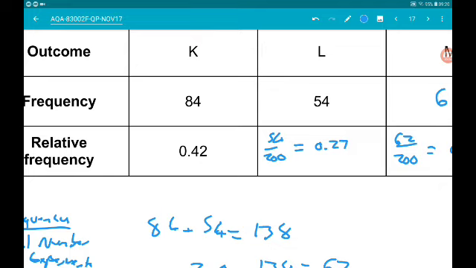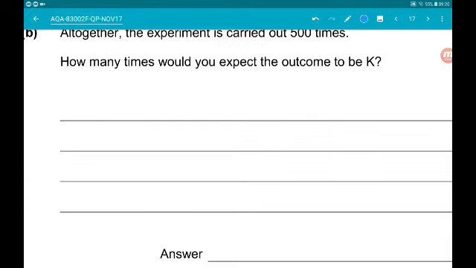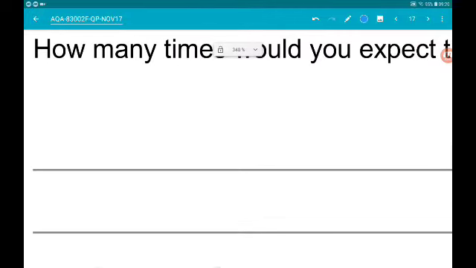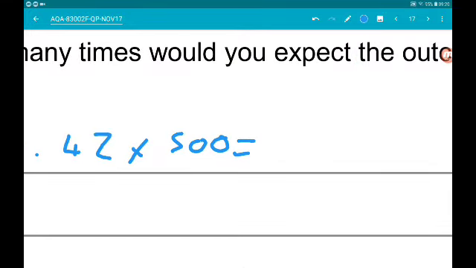That means we would expect K to happen 42% of the time. So all that we need to do for this is find 42% of 500, or just 0.42 times 500. Now that's going to give us 210. Cool.